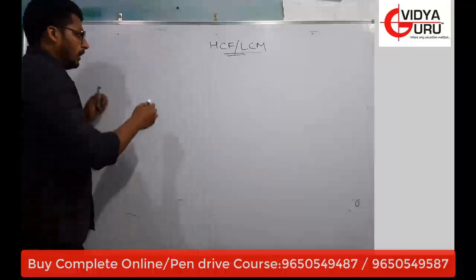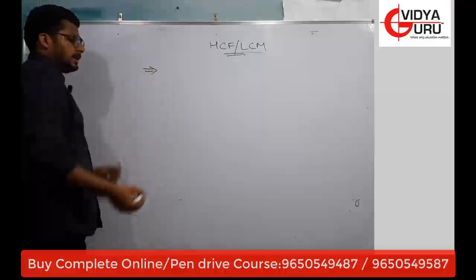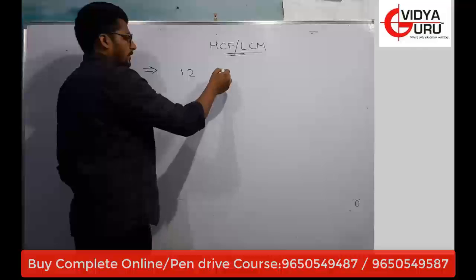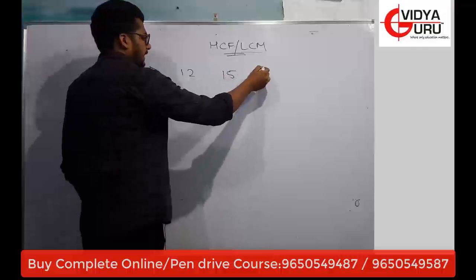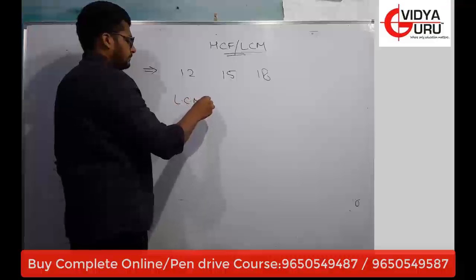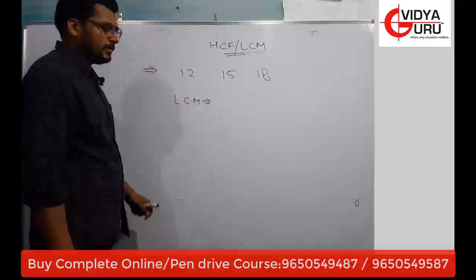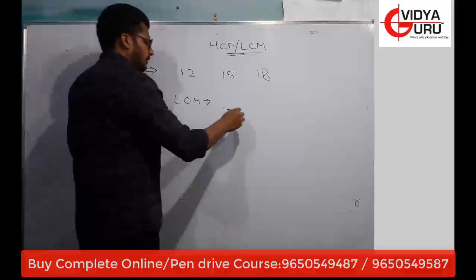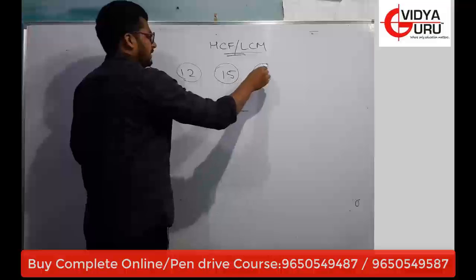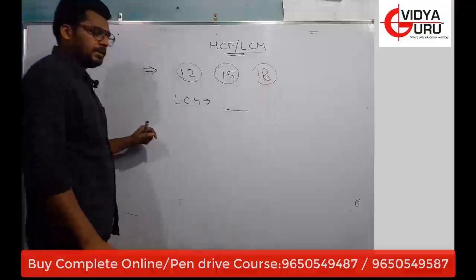I will tell you how we can find the LCM. Let's suppose I am taking three numbers 12, 15 and 18 and I need to find their LCM. LCM means a number which is divisible by 12, by 15 and by 18.